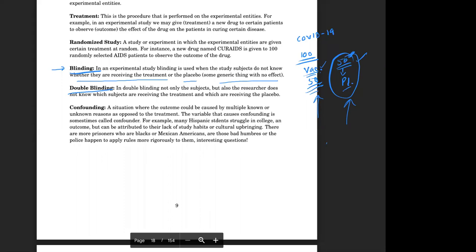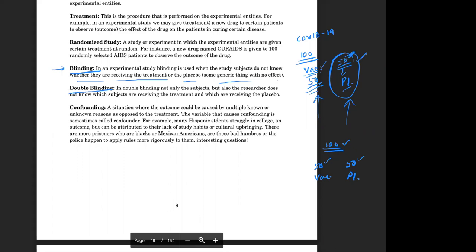We take 100 patients who actually have COVID-19 and give 50 of them the vaccine, okay, and see how they react versus 50 of them, you give them placebo and see how they react. So that could be an example because we know all of them have COVID-19. Now you see how many recover out of this 50 and how many recover from this 50.